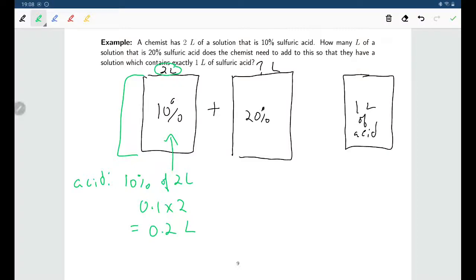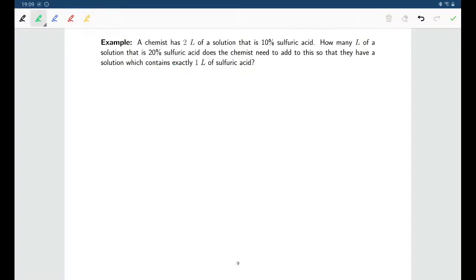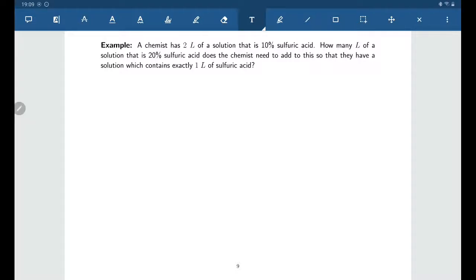We want to know how much of the 20% solution do we need to add to it to get 1 liter of acid in total. So this is where I'll begin. I'm going to start by defining my variable here. I'm going to say that x is going to represent the number of liters of the 20% solution.